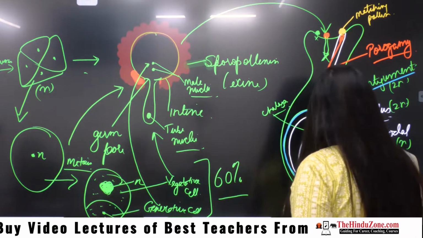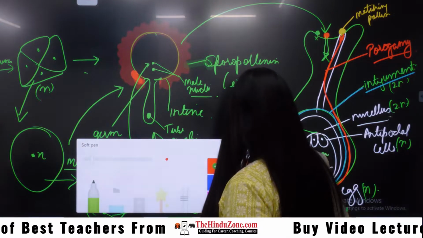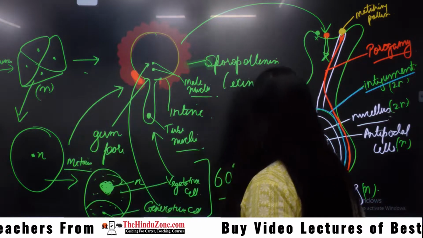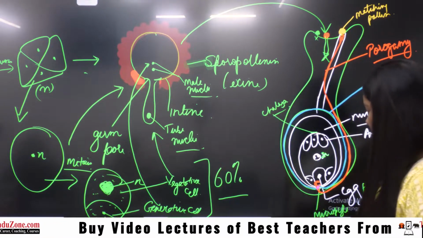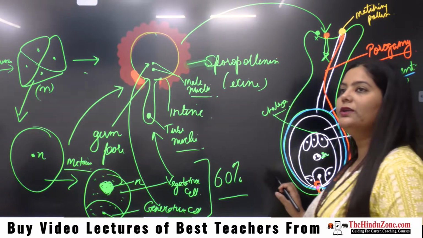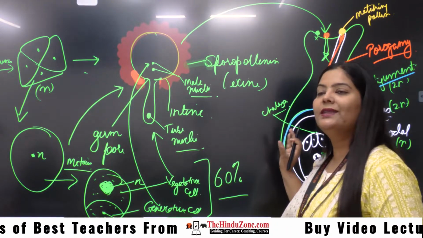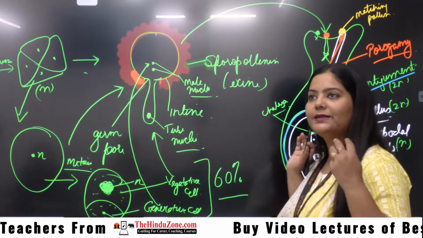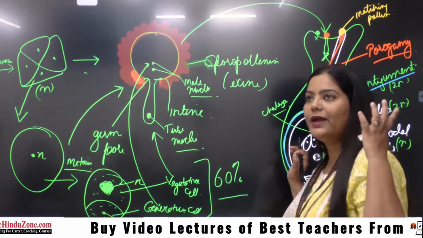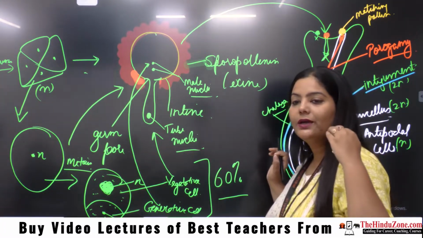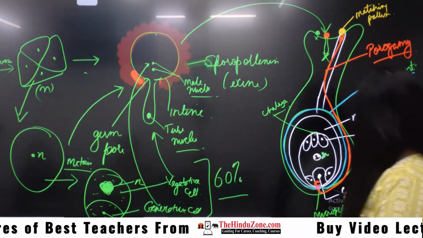Now on porogamy, let us check one more thing. When it was bringing its nuclei, it was the tube nucleus which was coming first. The tube nucleus was guiding the pollen tube to come till the synergids. And the synergids protect the egg cell, and they also have the filiform apparatus to guide the male nuclei to reach the egg.